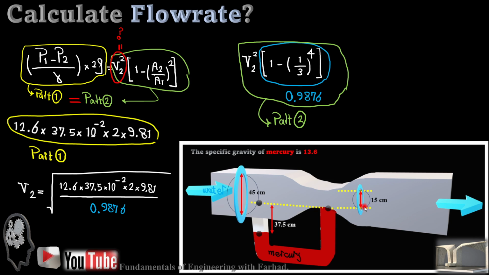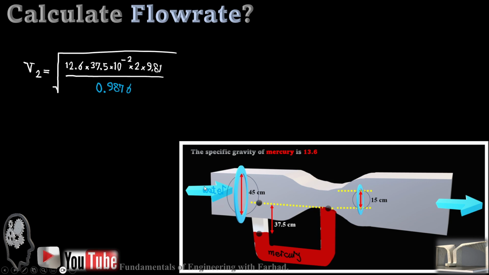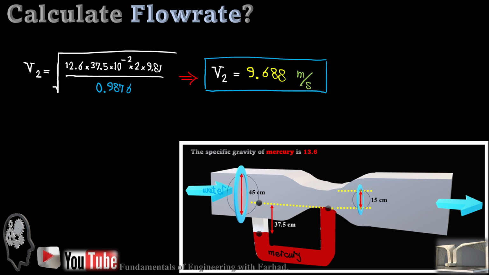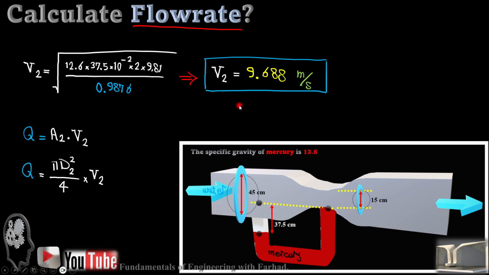We can easily calculate the velocity in the throat. Substituting the numerical values gives V2 equal to almost 9.69 meters per second. As soon as we have the velocity, calculation of discharge is straightforward. A2 is pi d2 squared over 4, times the velocity in cross-section 2, the throat.